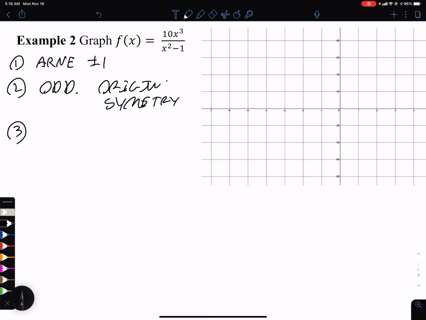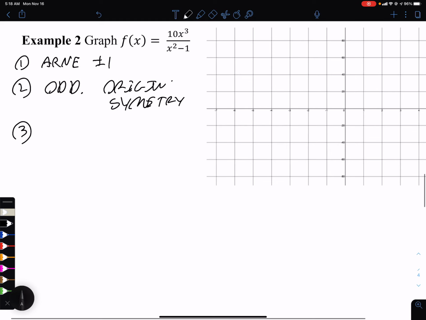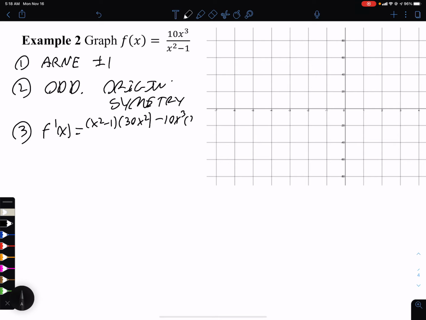All right, now we need to find the derivative, and this is where I am just going to fast forward. You don't want to listen to and watch all the algebra, but this is low d high minus high d low all over low squared.